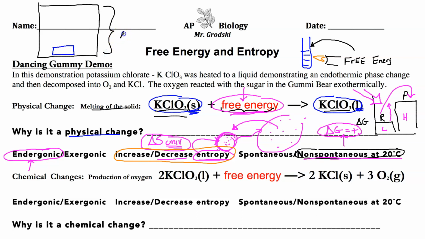When we consider the delta S of the universe, we have to consider what two things? We have to consider the delta S, the change of entropy of the system, in this little box, and then we have to consider the delta S of the surroundings. That collectively will give me the delta S of the universe.